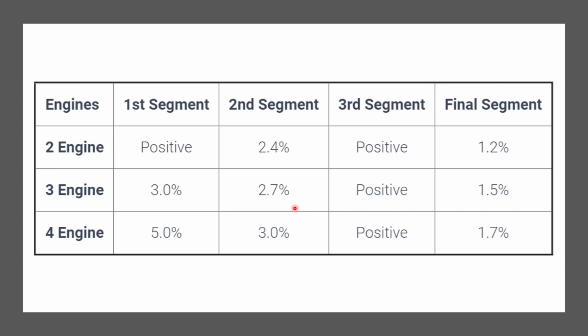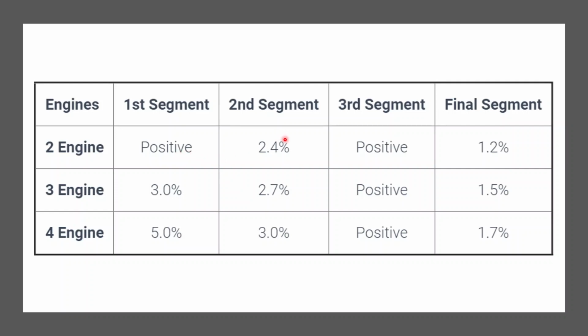So these are the ICAO rules. For each segment, you must have some sort of gradients. Like, for the 2-engine 737, for the first segment you may just have to maintain your height or be positive, so at least maintain the height until your gear is up.